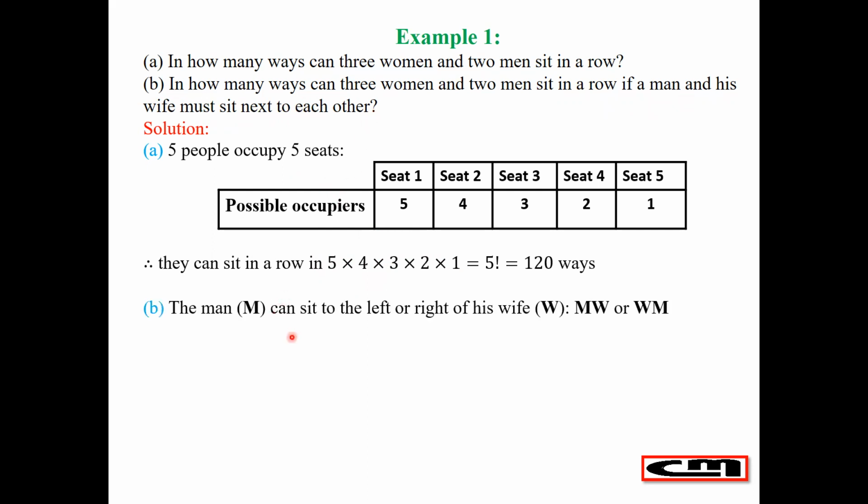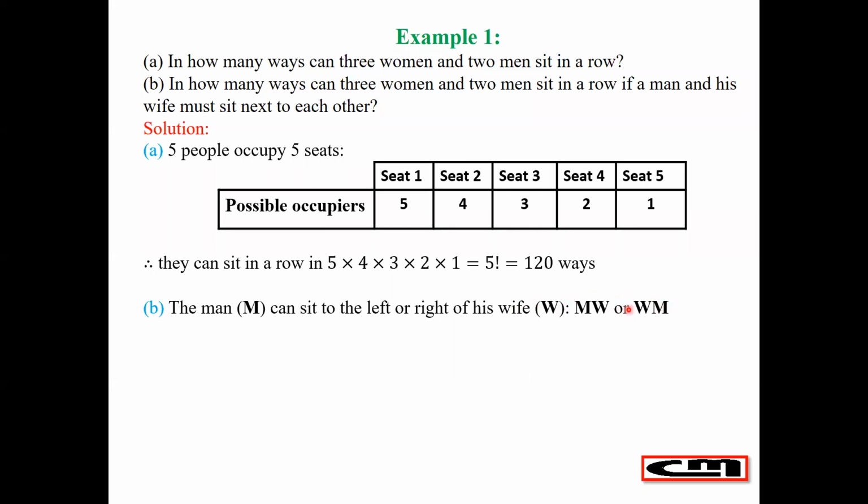Now, understanding that, we are simply saying the man, let it be M, can sit to the left or right of his wife, say W, in such a way that the man can be on the left, then the woman right, or the woman left, then the man right.